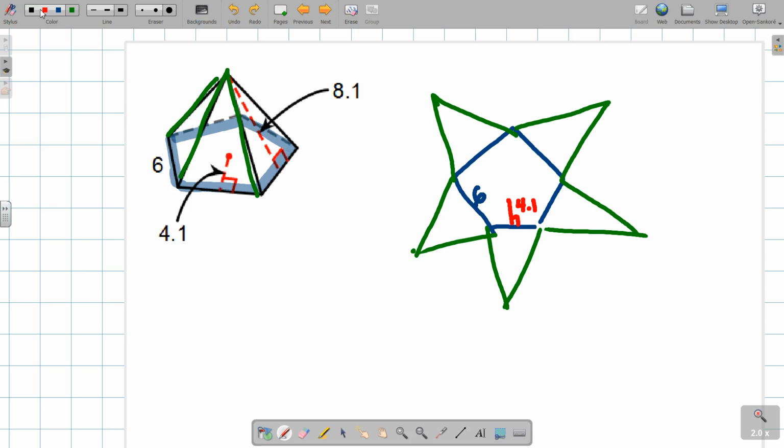Watch carefully. That slant height is actually the actual height of a single triangle. Any one of these triangles, that height is going to be 8.1. There is the net of that pyramid.